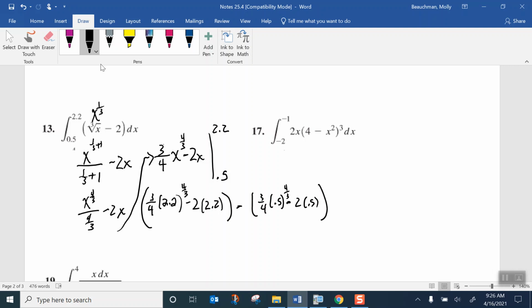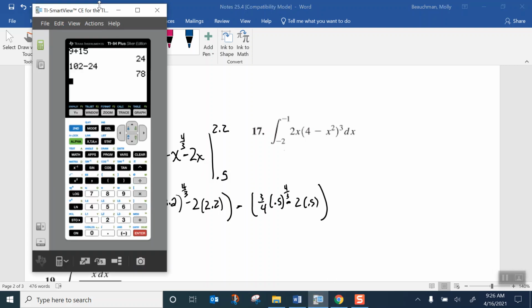So we throw it in the calculator. If you want to make it a little bit easier, you can type your 3/4 x to the 4/3 minus 2x into your y equals and get the values a little quicker, or you can just type it in the calculator.